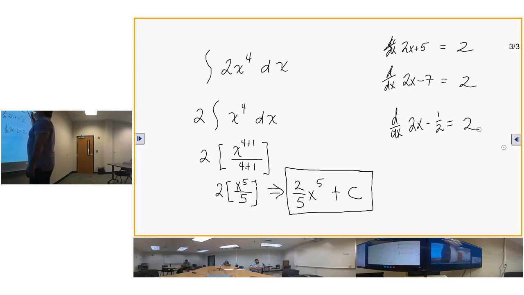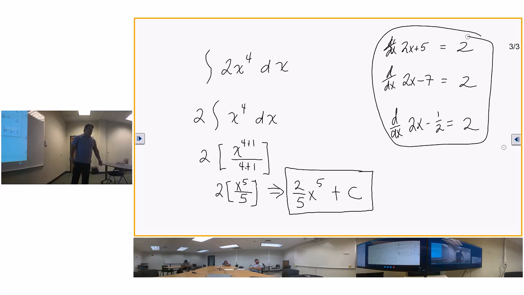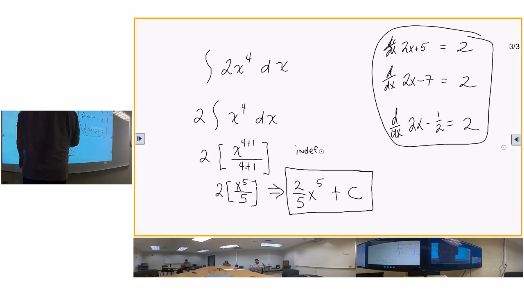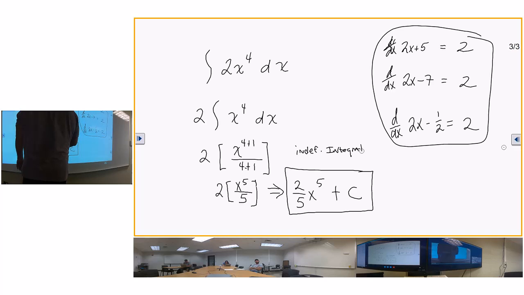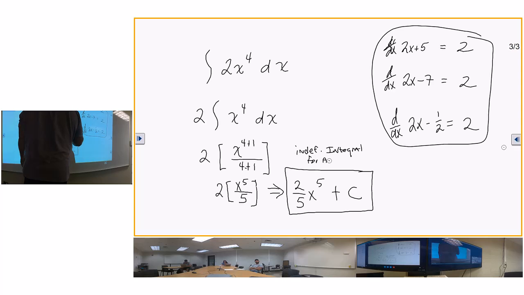What is the family? This is the derivative of 2x family. Is there only 3 in the derivative of 2x family? No. There's millions, billions, infinity, and beyond, okay? So you have to account for that by saying this is an indefinite integral for an x to the 5th family or x to the 4th family.